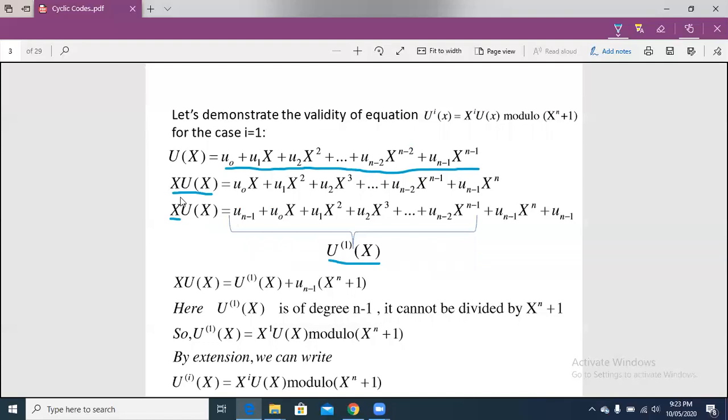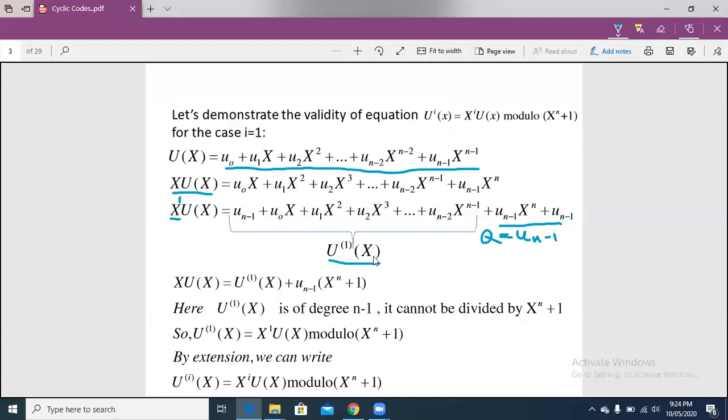Here the order of x is 1, and here the order of the code word is u1 of x. This part, when divided by xn plus 1, gives the quotient un minus 1. So un minus 1 here is the quotient, and the code word is the remainder.